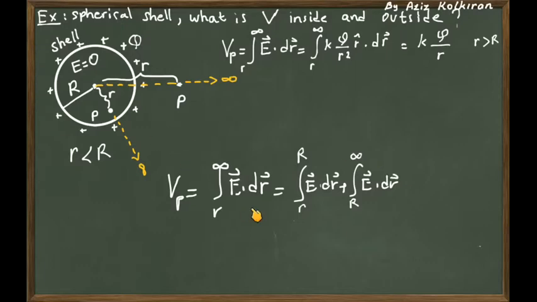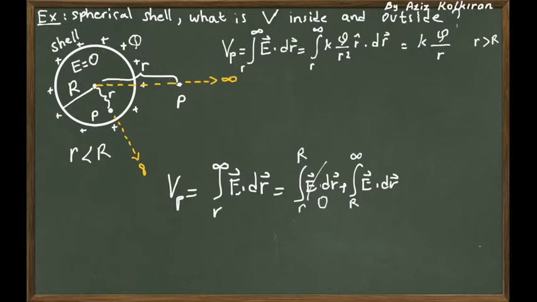Because the electric field is not the same everywhere. For the points inside the shell, we already calculated using Gauss's law that the electric field inside a charged shell is equal to 0. So the contribution from the first integral will be 0, because from r to capital R, the electric field inside the shell is 0.